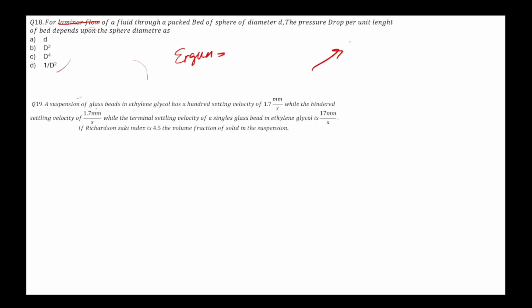A suspension of glass beads in ethylene glycol has a hindered settling velocity of 1.7 mm per second, while the terminal settling velocity is 17 mm per second. The Richardson-Zaki index is 4.5, and we need the void fraction.